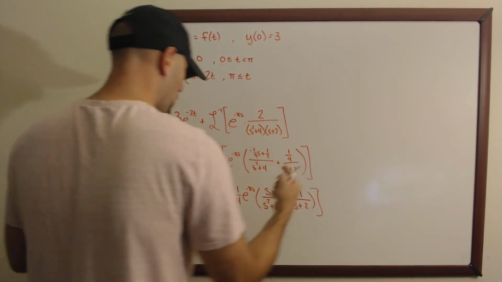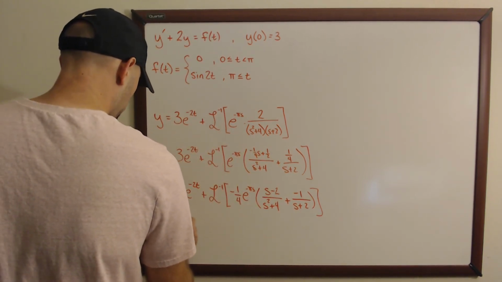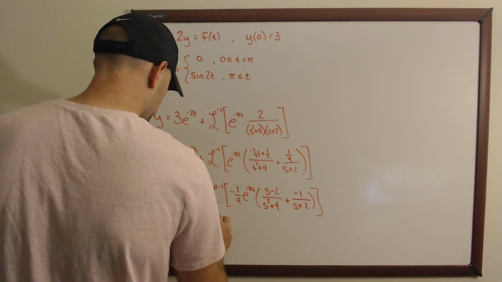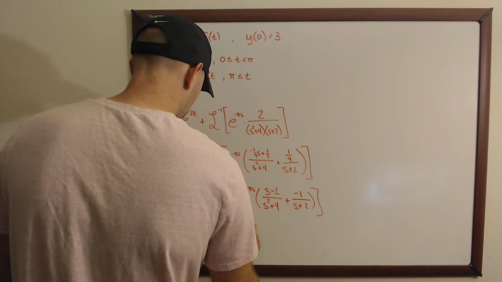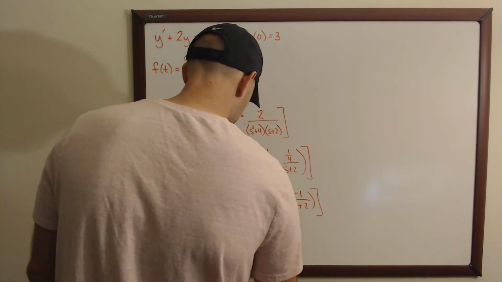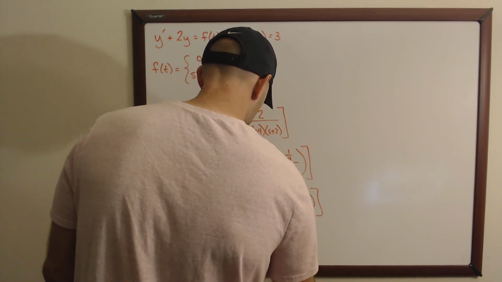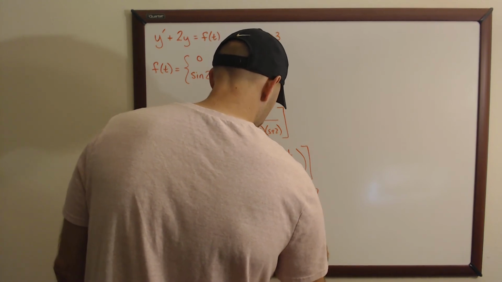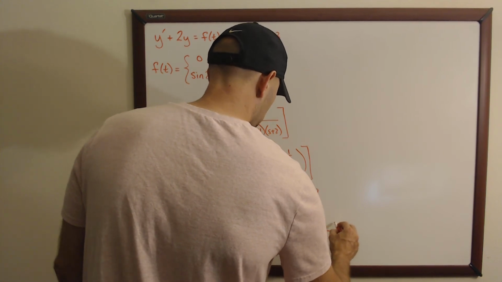So if we rewrite this, that's 3 times e to the negative 2t plus the inverse Laplace transform of negative 1/4 e to the negative pi s times s over s squared plus 4 minus 2 over s squared plus 4 minus 1 over s plus 2.